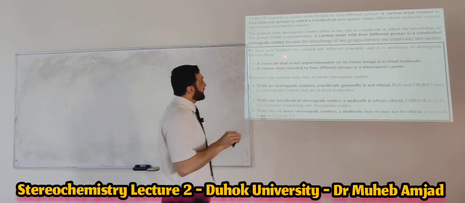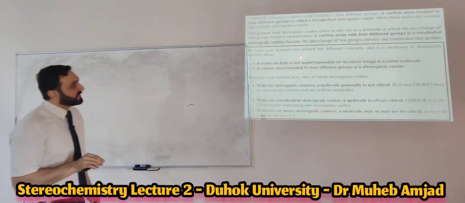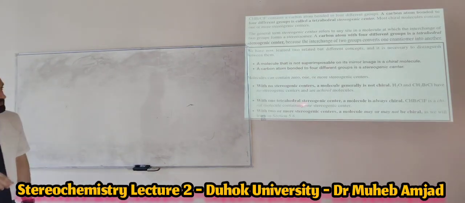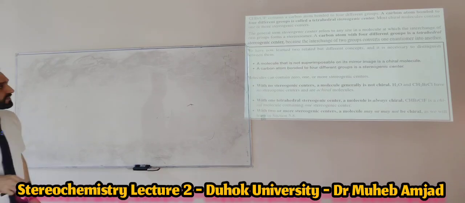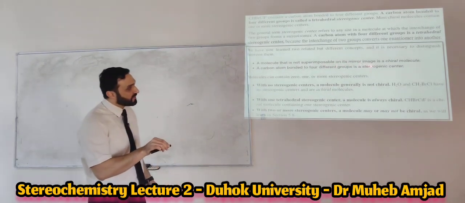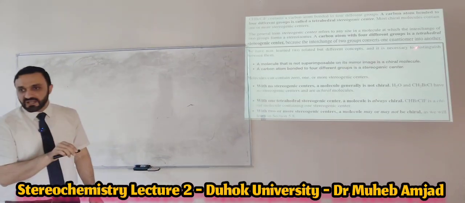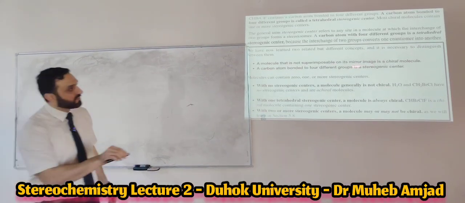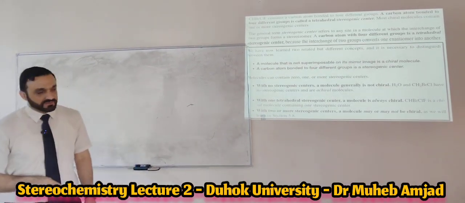We have now learned 2 related but different concepts in stereochemistry. The first one: a molecule that is not superimposable on its mirror image is called a chiral molecule.